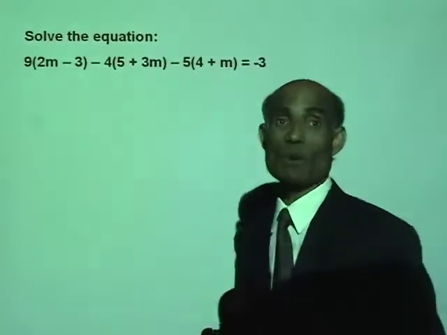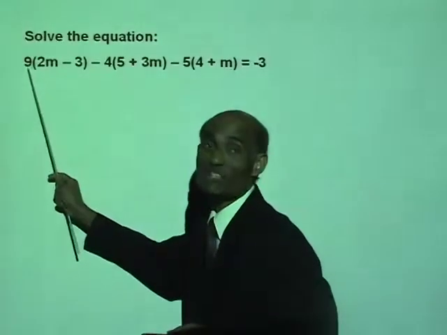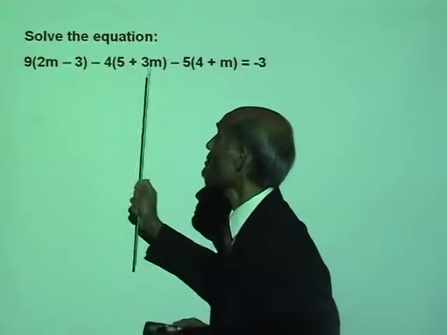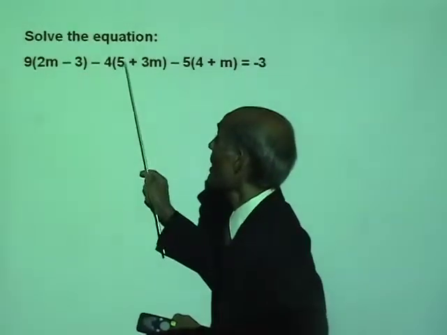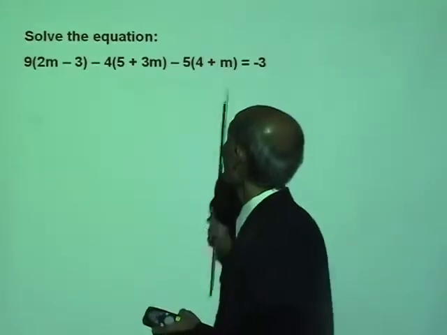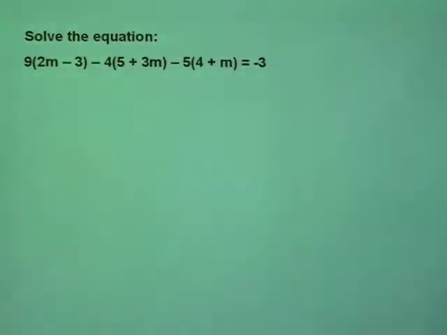Alright, another one. Solve the equation. 9 times 2m minus 3 minus 4 times 5 plus 3m minus 5 times 4 plus m equal to negative 3.